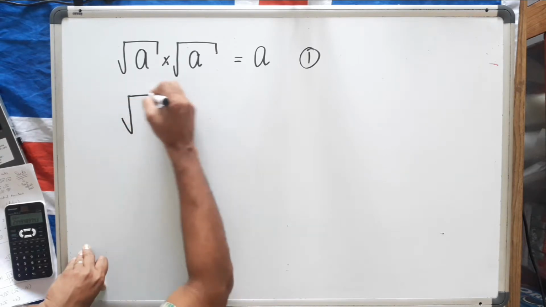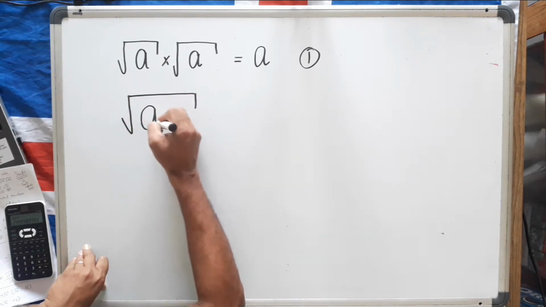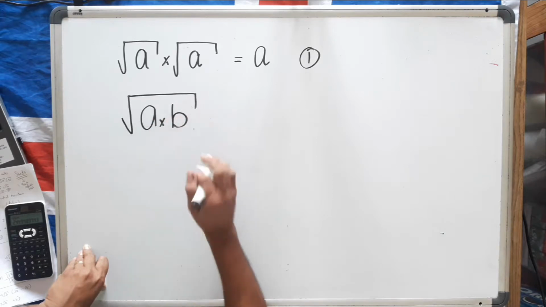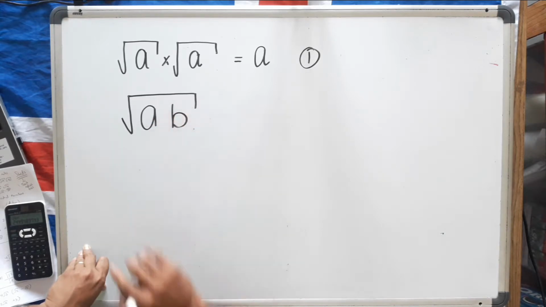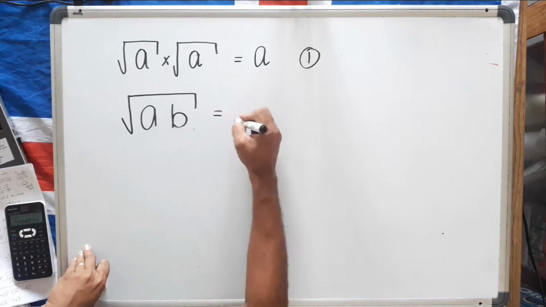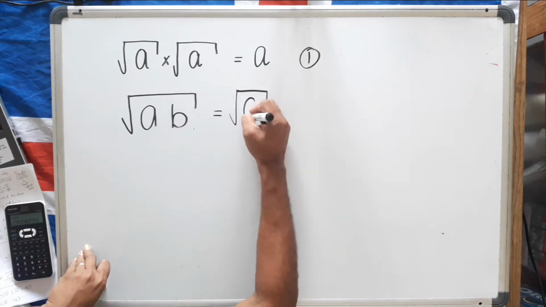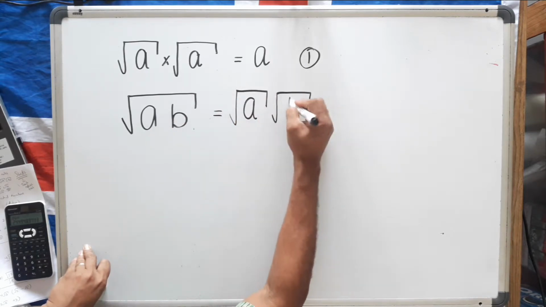Also, if I have the square root of a multiplied by b, I don't really need to put the multiply there, because if I don't put anything, a multiply is understood. Did you all know that this is the same thing as the square root of a and the square root of b?